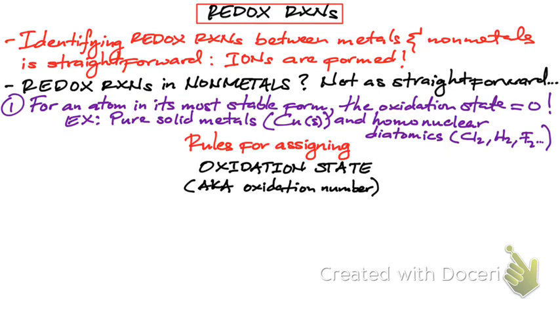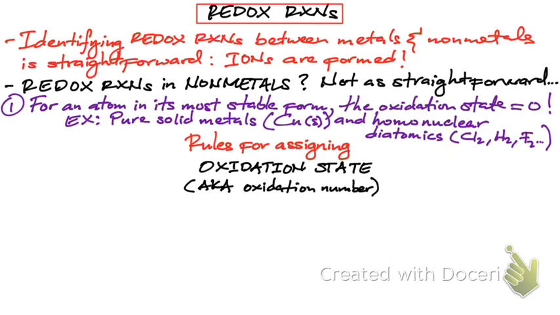Another example is homonuclear diatomics. These homonuclear diatomics are also known as molecular elements, like chlorine gas, hydrogen gas, fluorine gas, nitrogen, and so on and so forth.